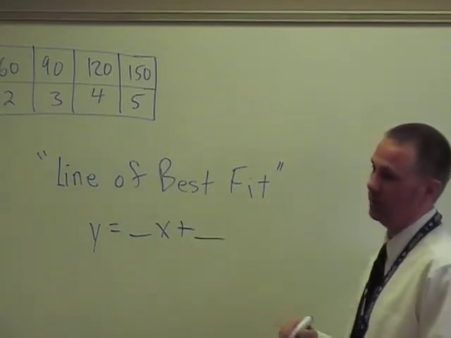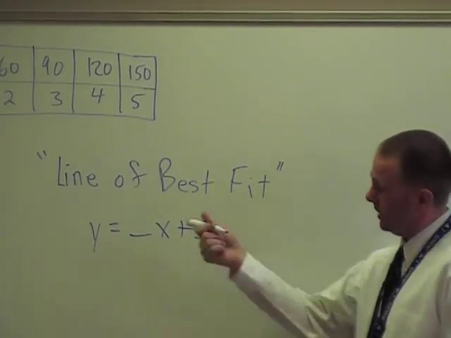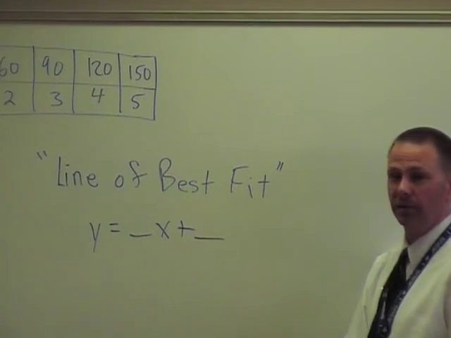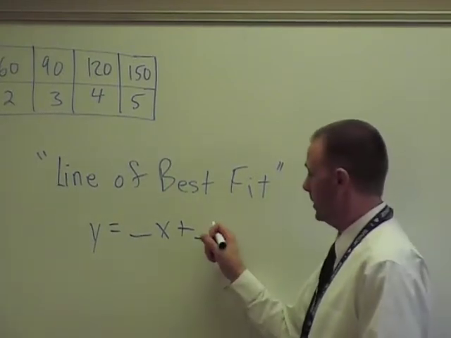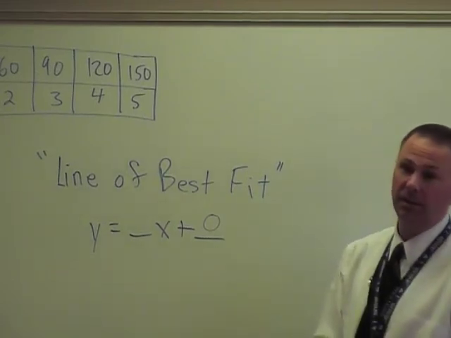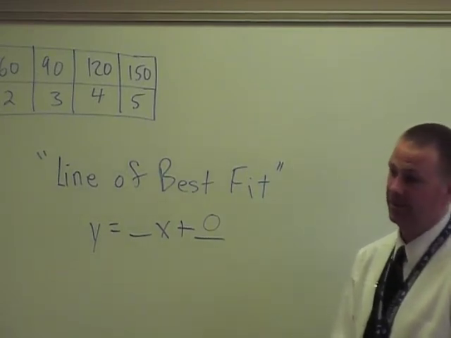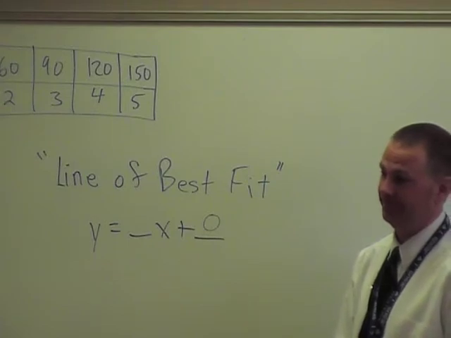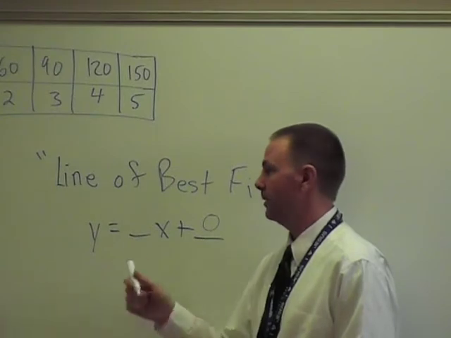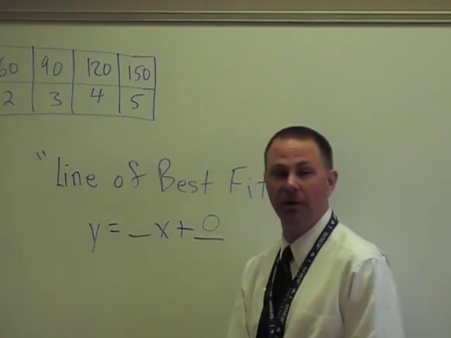Slope and the y-intercept. Well, in this case, where did the line cross the y-axis? 0. So you don't need to find B. B was easy to see.